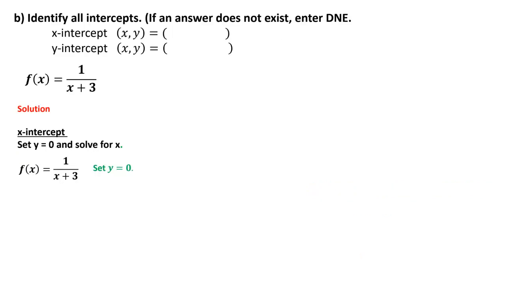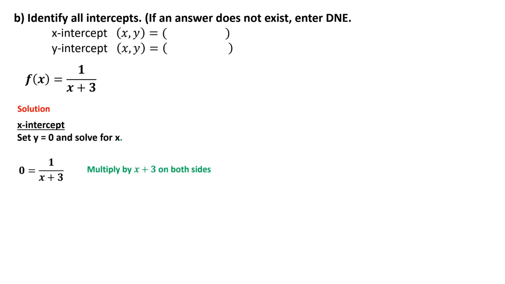All right. So let's go to part B, identify all intercepts. First we will find the x-intercept. To find the x-intercept, we set y equal to 0. Remember that f of x is the name replacing the variable y. So 0 is equal to 1 over x plus 3. Let's get rid of the fraction by multiplying both sides by x plus 3.